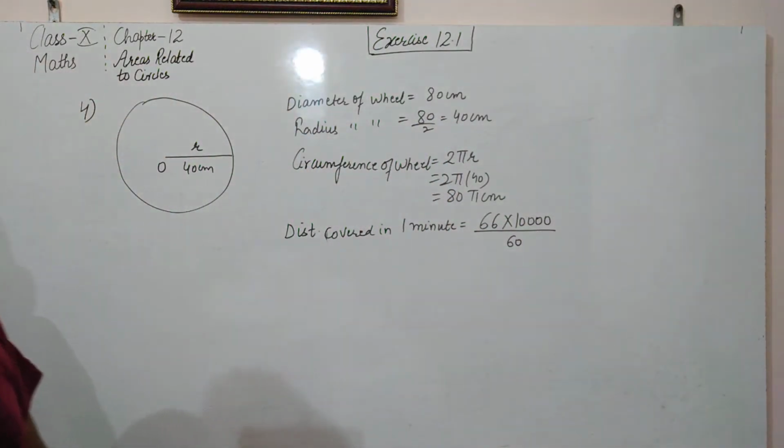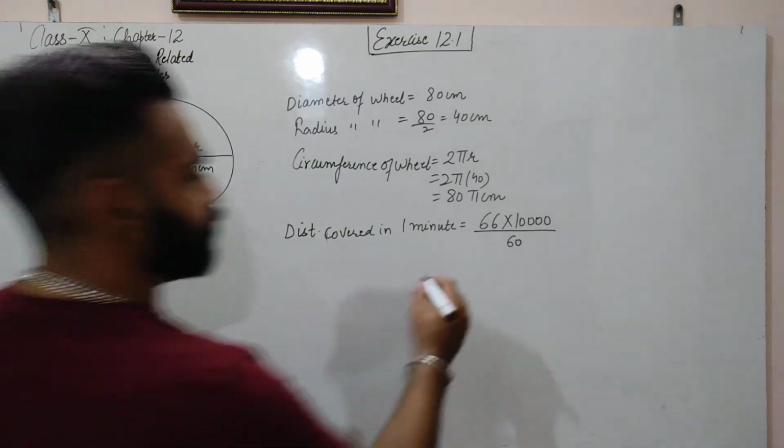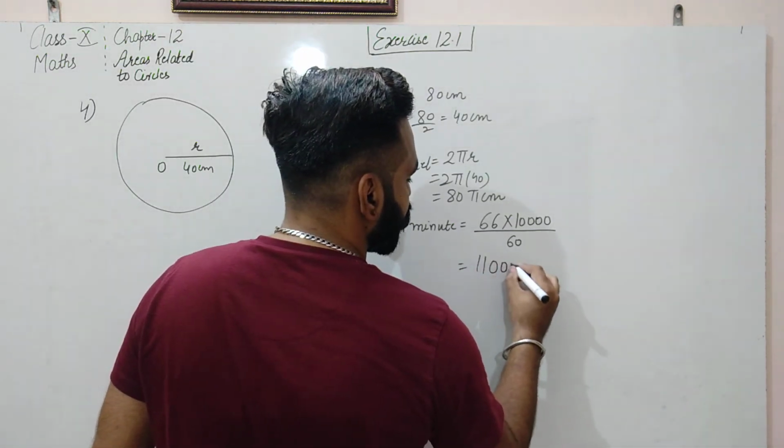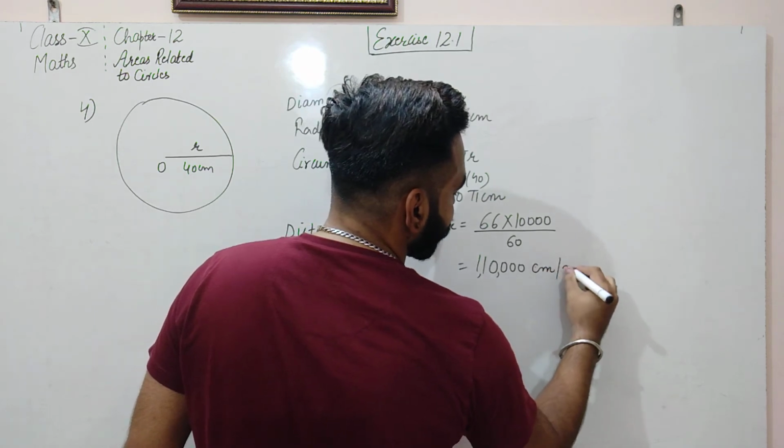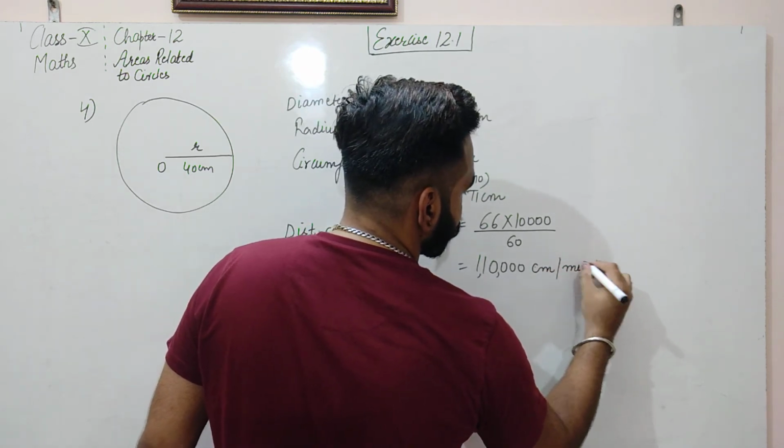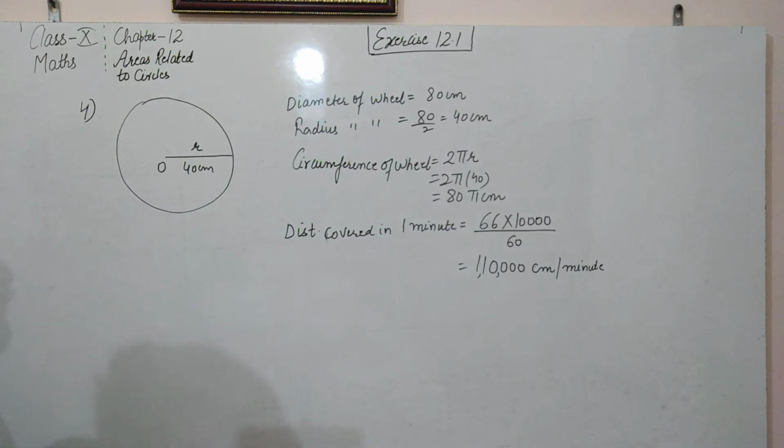Clear? So this will be equal to 110,000 centimeter per minute. Clear? So distance covered in 1 minute is 110,000 centimeter per minute.